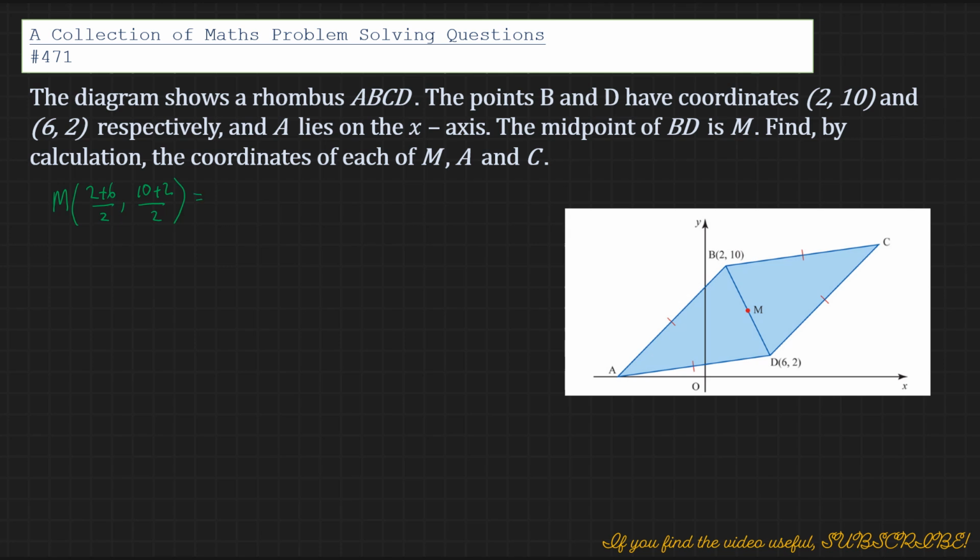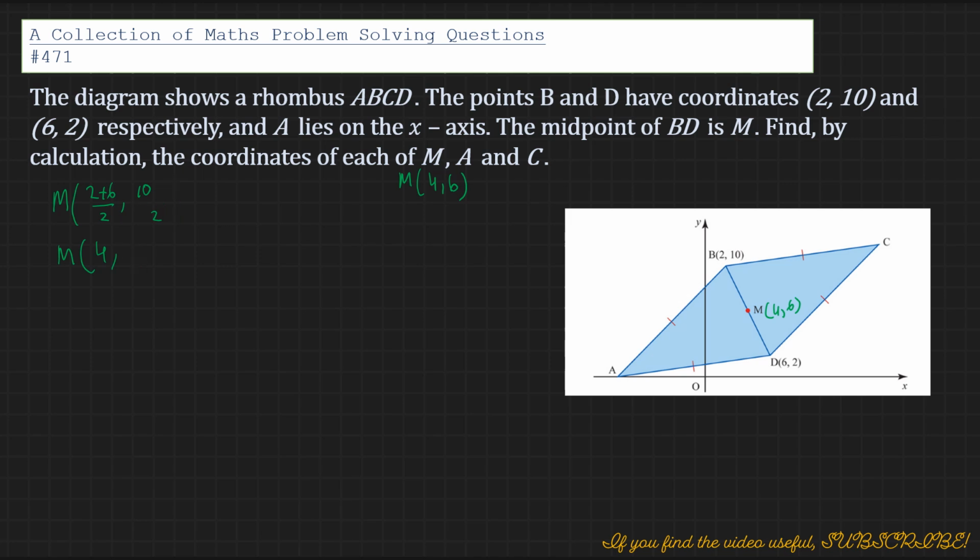So 2 plus 6 is 8 out of 2, that is 4, and 12 out of 2 is 6. So the coordinates of M are (4, 6).